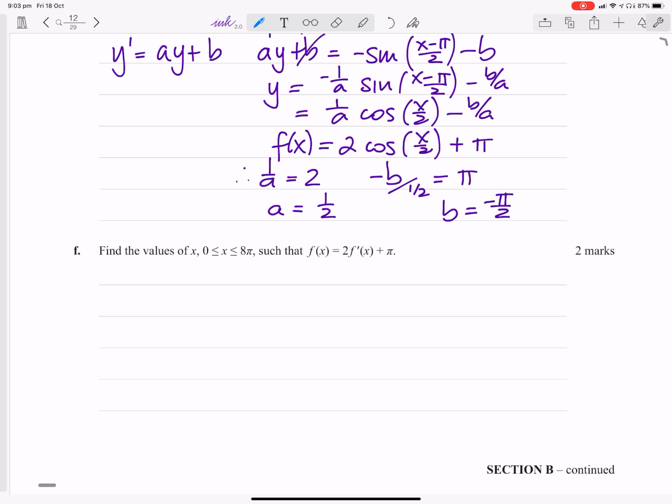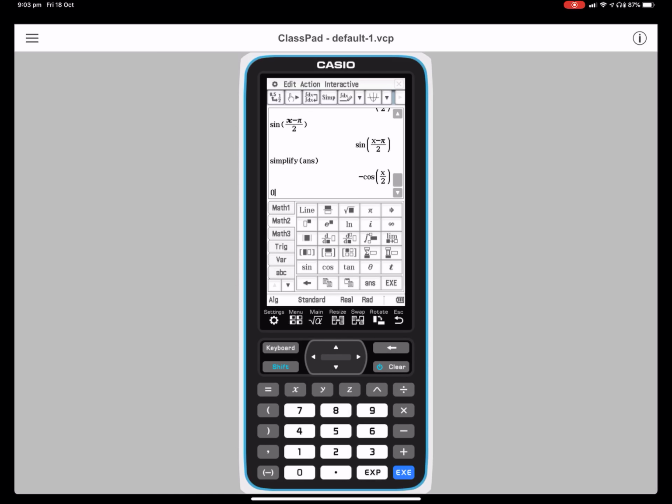Find the values of x from there to there, where f of x equals 2 f dash of x plus pi. So f of x equals 2 d dx of f of x plus pi. Solve, and we want it between 0 and 8 pi.